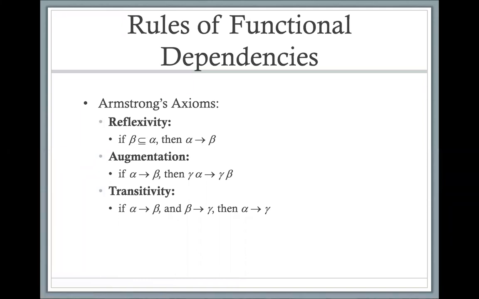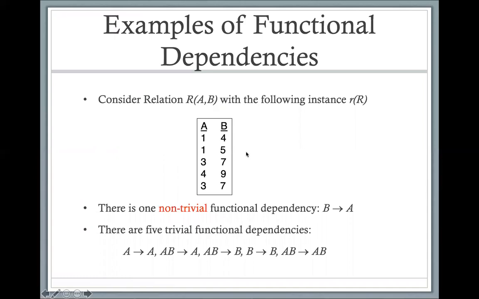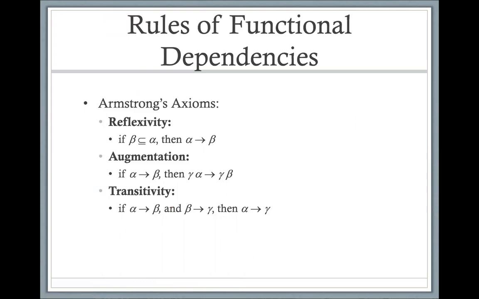We'll see an example on this. So let's say I have another column C here, then I can say that given that B determines A, then CB determines CA. It comes from this augmentation property.